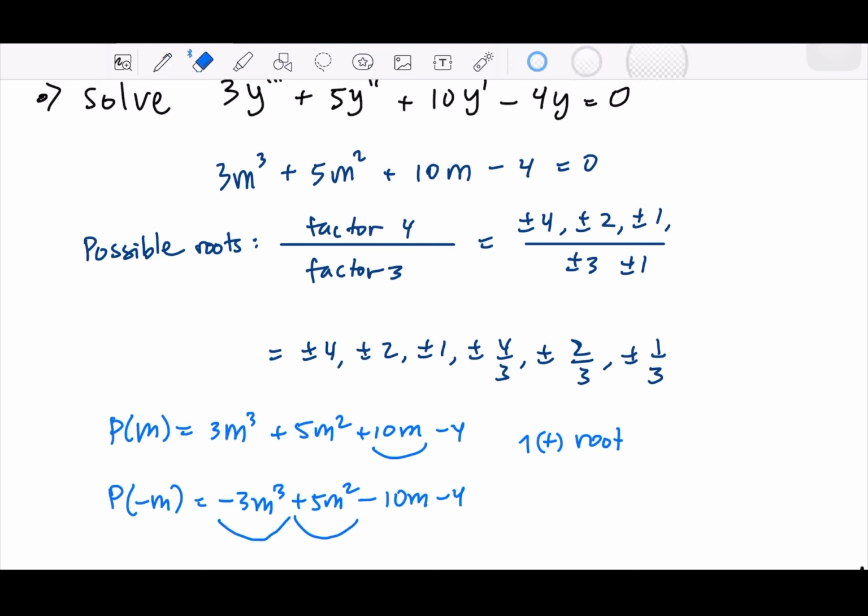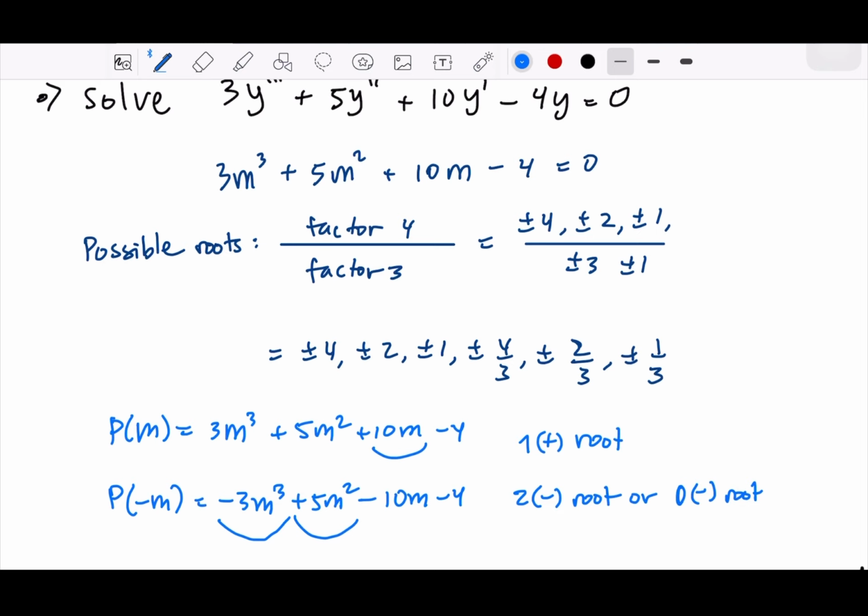So two negative roots or 0 negative roots. If it's having 0 negative roots, it is also possible that the roots are not negative, not positive, which is imaginary.